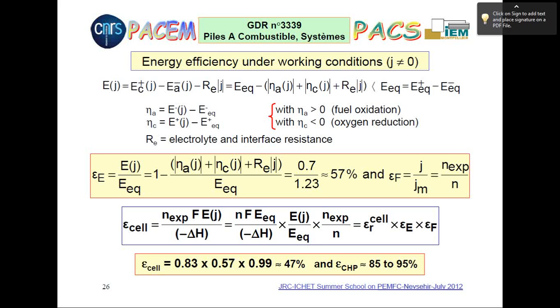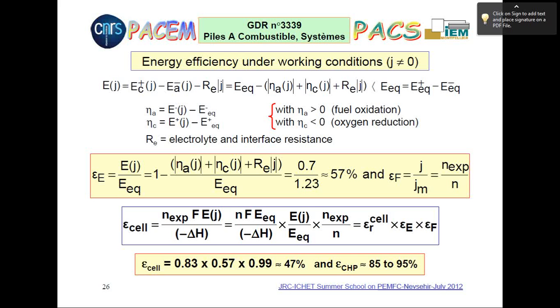When the fuel cell is working, with current density different from 0, the cell voltage deviates from the equilibrium cell voltage at 0 current. You have a decrease due to the overvoltage. So just recall, anodic overvoltage positive, cathodic overvoltage negative for the oxygen reaction, and these make the cell voltage decrease.